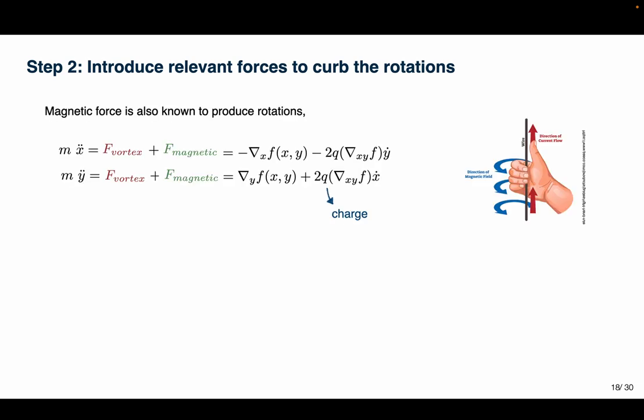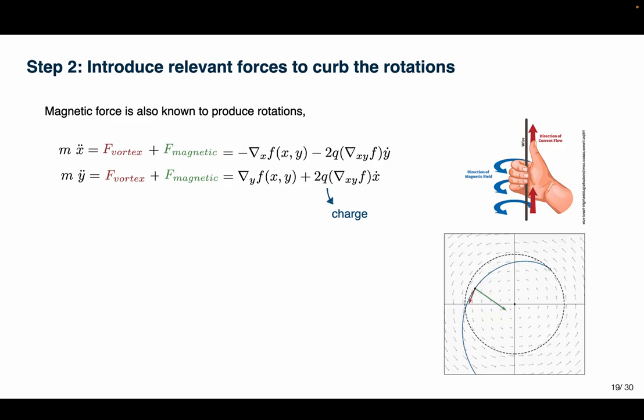What we designed was we assumed that the particle is inside a magnetic field, and a magnetic force is also applied to it. So now, if you look at this plot here in the 2D plane, we see that the magnetic force does change the rotation of the particle. It does change the direction.